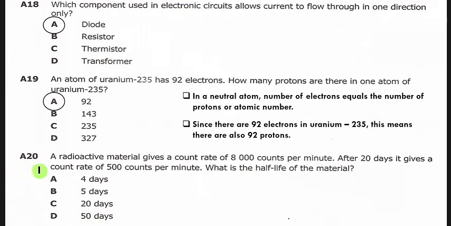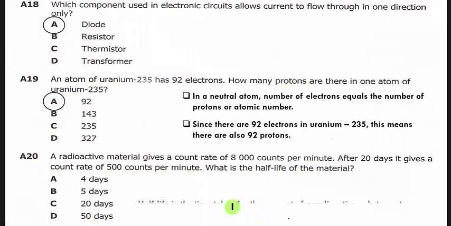Question 20: a radioactive material gives a count rate of 8,000 counts per minute. After 20 days, it gives a count rate of 50 counts per minute. What is the half-life of the material? This one is an interesting question. You need to understand what half-life is.